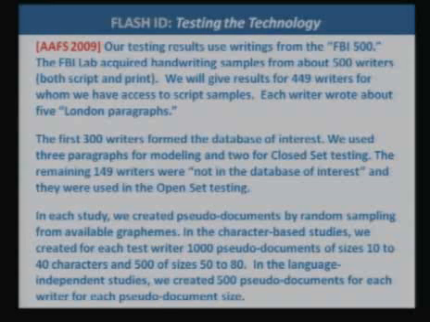We've reported in several AAFS meetings. In particular, in 2009, we talked about both our closed and open set testing. This is based on what we call the FBI 500. 500 writers did up to 5 cursive paragraphs of the London letter.